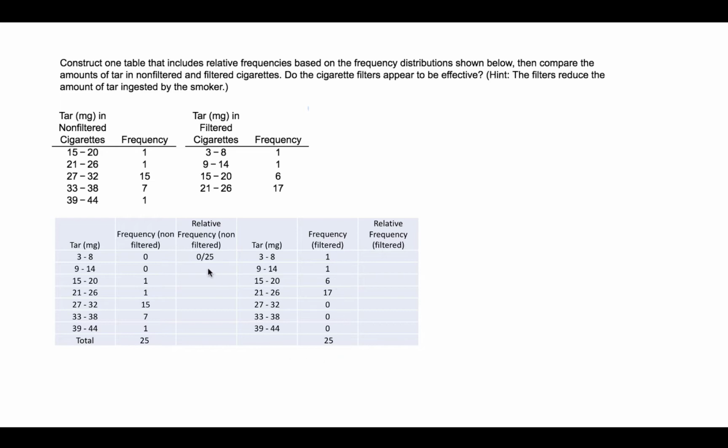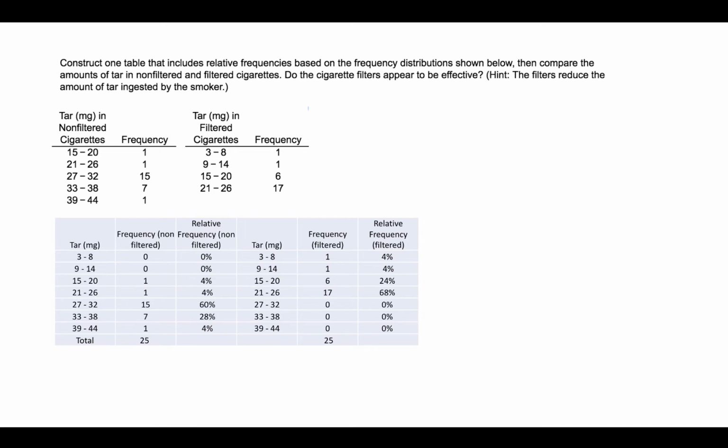In order to find relative frequencies, we would divide the frequency for the class by the total number of frequencies for the entire distribution. So here we would have 0 divided by 25 for the first class, which would result in a percentage of 0 for that particular class.